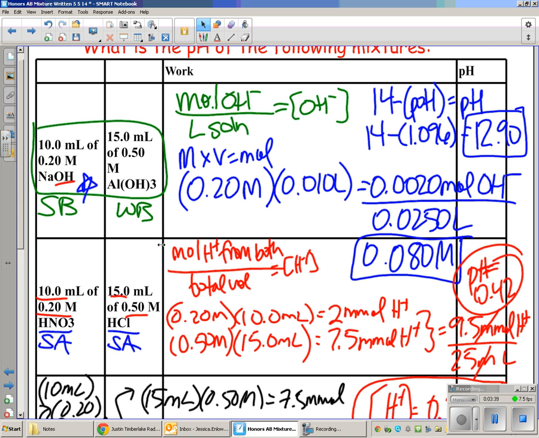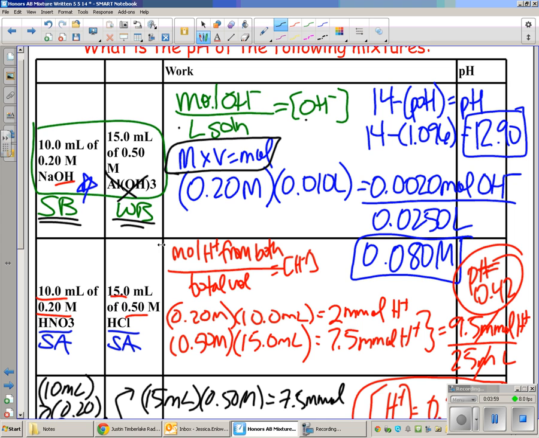And I'll let you look here and copy down what you need to. First thing we did was identify the type of reaction. We saw strong base, weak base, so we ignored the weak base really until we got to the volume part. We had to get to OH concentration, so we found our moles by doing M times V divided by our liters. So here we go.